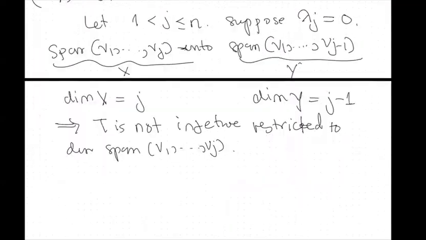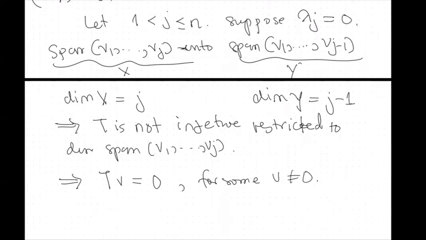This means there exists a vector V, not equal to 0, such that T of V is equal to 0. Some of these vectors are mapped to 0, regardless that V sub j is not 0. So it's not injective.